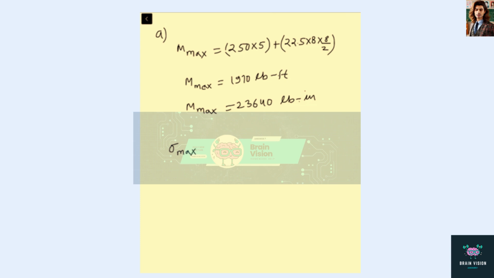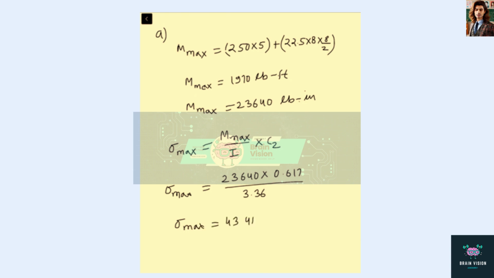23640 lb inch. Okay, so now to determine the maximum tensile stress, we have sigma max equals Mmax divided by I multiplied by C2. Substituting the values, we get sigma max equals Mmax is 23640 and C2 is 0.617 and I is 3.36.